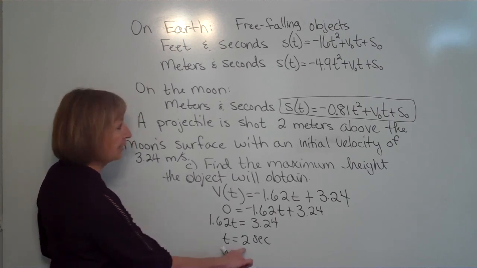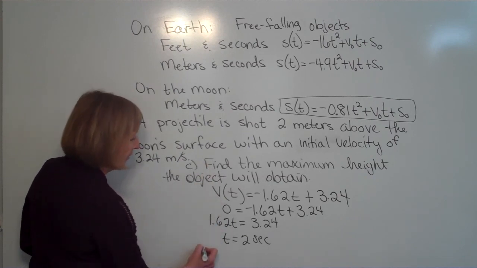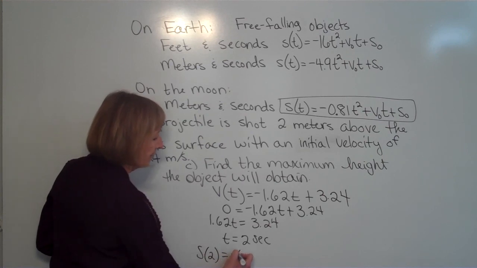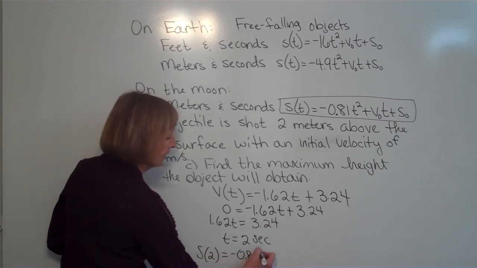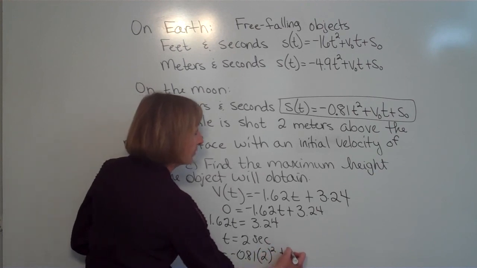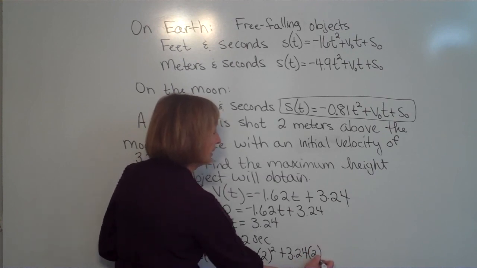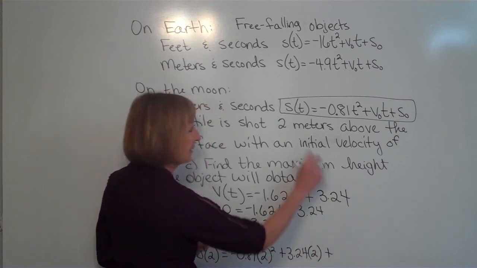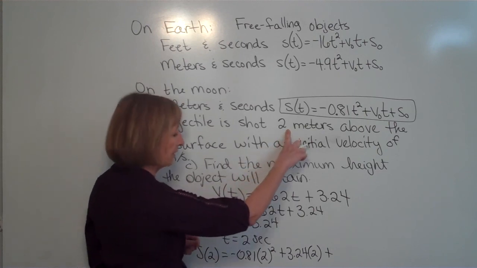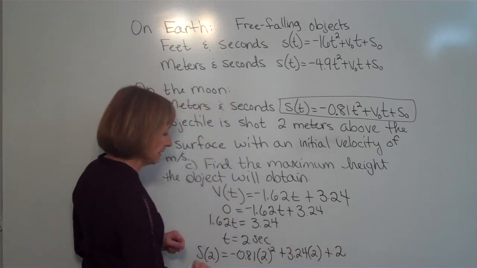And then running that 2 seconds through the position function, we have s of 2 is equal to negative 0.81 times 2 squared plus 3.24 times 2, and then plus our position was 2 meters above the moon's surface when it was shot off, so that's plus 2 for the initial position.